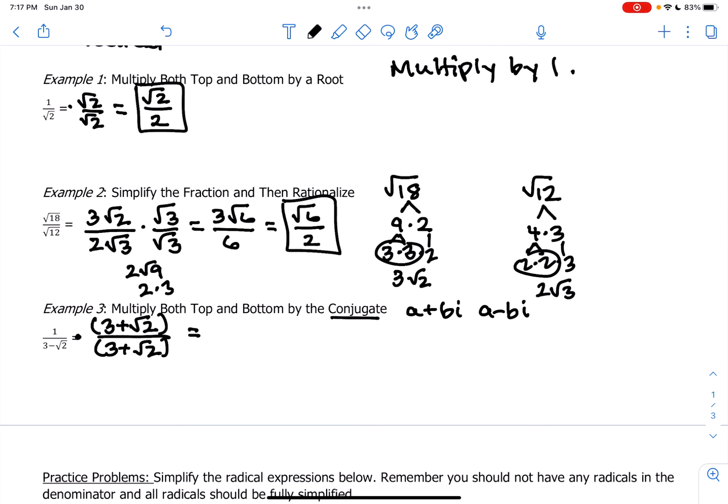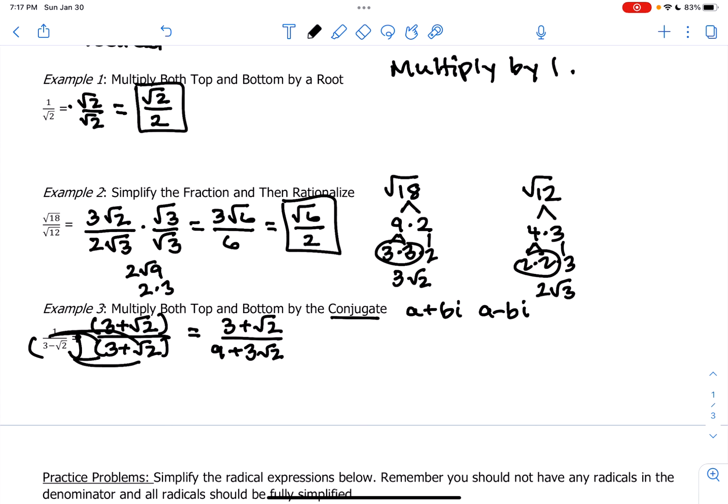And so when I multiply it by 1, I just get the same thing back in the numerator. But in the denominator, I'm going to double distribute. So when I multiply the 3 by both things in the second parentheses, I get 9 plus 3 square root of 2.